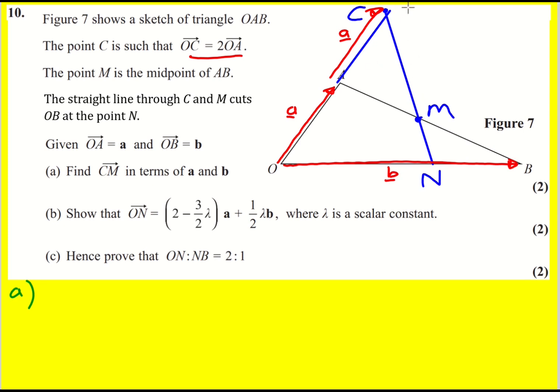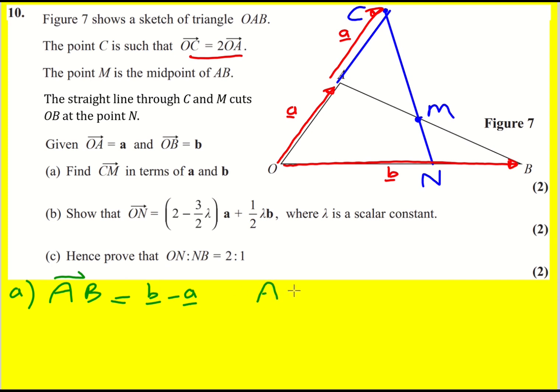So C to M, well, what we can do is go minus A and then half of A to B. Let's first find out A to B. That's going to be minus A plus B, or B minus A. It's always the second minus the first, but I think using a diagram is always useful.